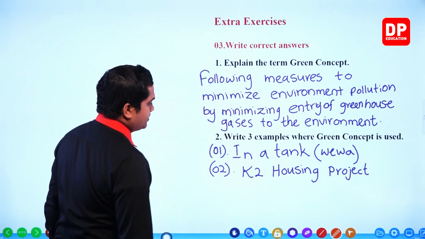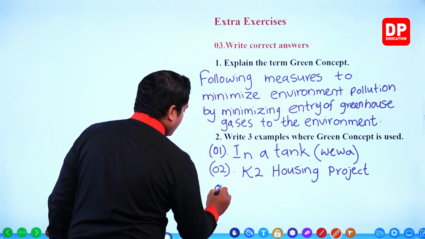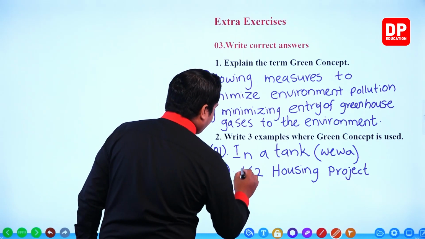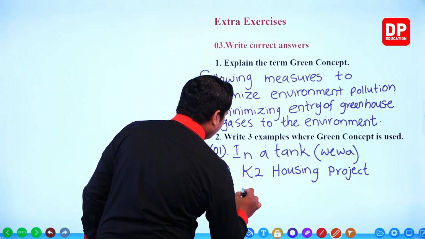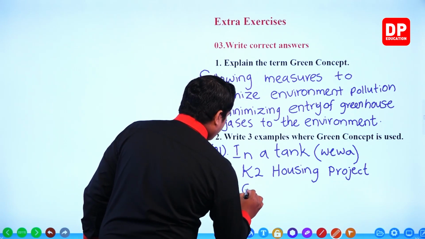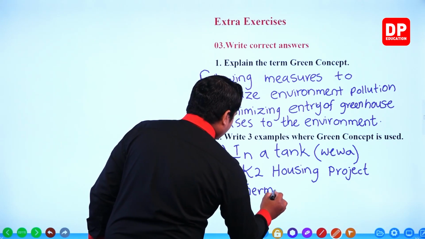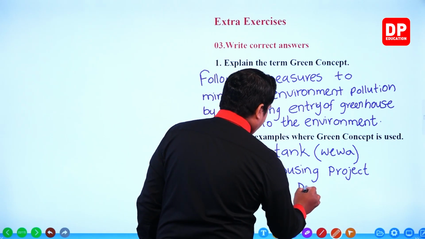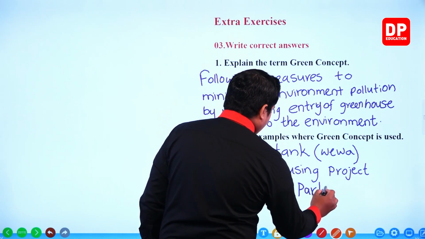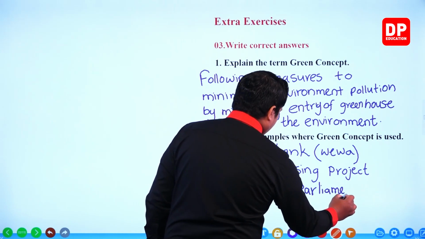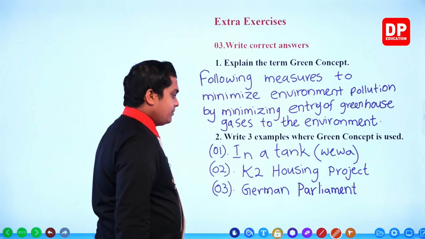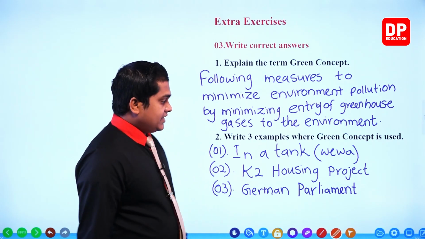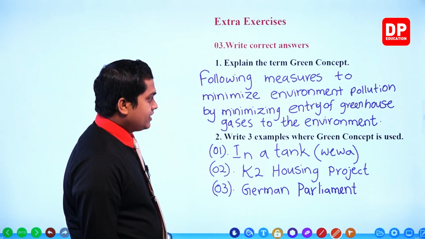Then number 3, German Parliament. So in the German Parliament, we can observe the green concept, my dear children. So these are the 3 examples where we can find the green concept.